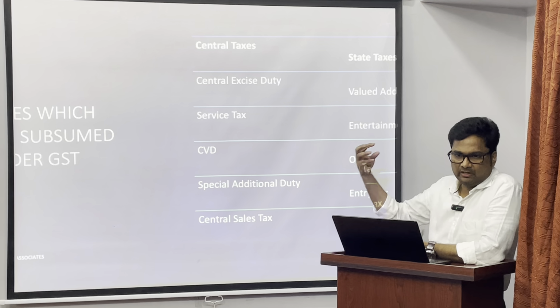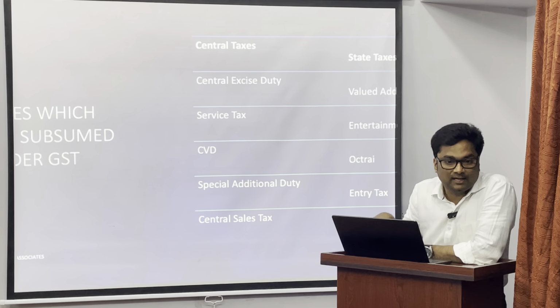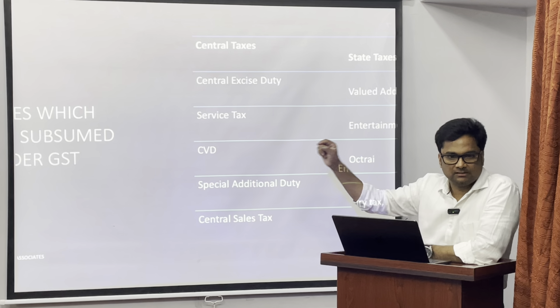That means when you are importing goods into India, there will be a basic custom duty, and there will be a tax called CVD, countervailing duty, which is equal to the excise duty for the time being levied in India had the goods been manufactured in India. You got the point? Since you are buying from outside, you are losing excise duty, no? So, had this been manufactured in India, what would be the excise rate I would charge?